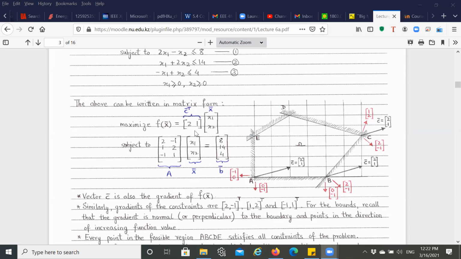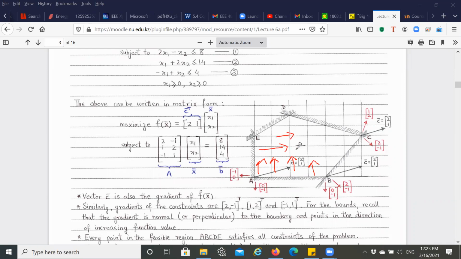I told you that the gradient of a function is the vector which always points towards the increasing direction of the function. So for example, if you have x1 greater than or equal to 0, it means that if you look at x1, everything to the right of this.